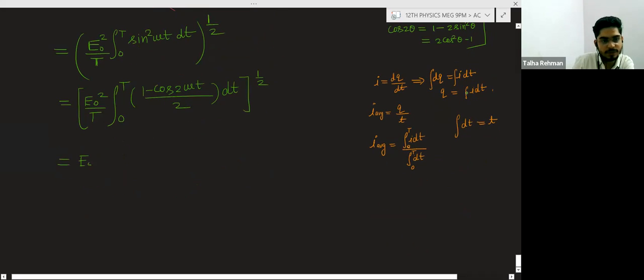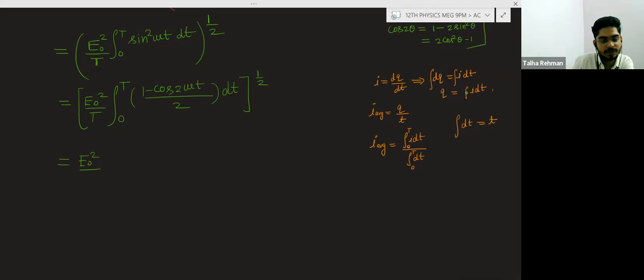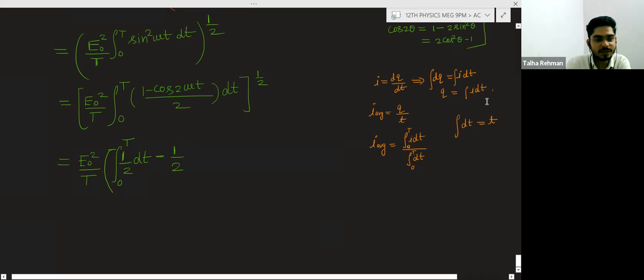Now, further we will solve it. This is E naught square divided by T, and you can write this as 1 by 2 integration of 1 minus cos 2 omega t dt from 0 to T. It is better to take this half common.